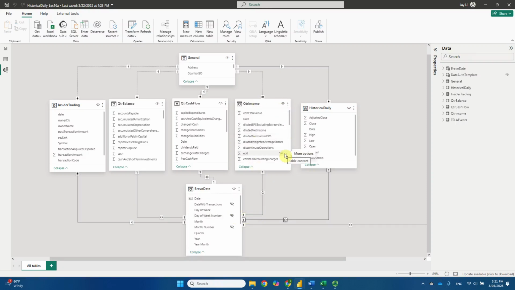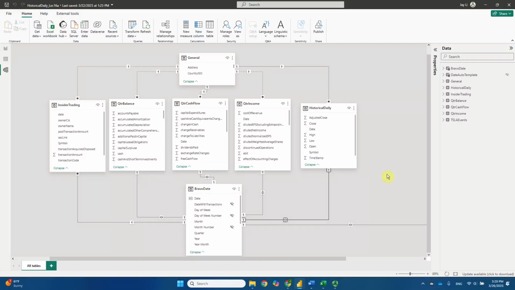This one-to-one relationship is important, and it's there because the date dimension itself will be able to identify a single observation in all these tables. So you can just build a one-to-one relationship based on this date field alone.